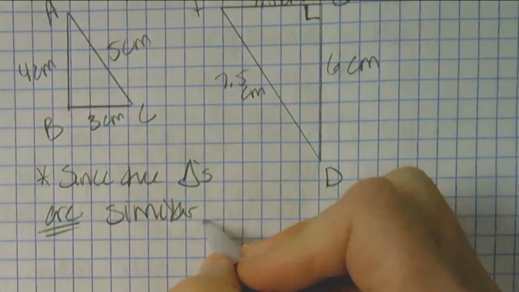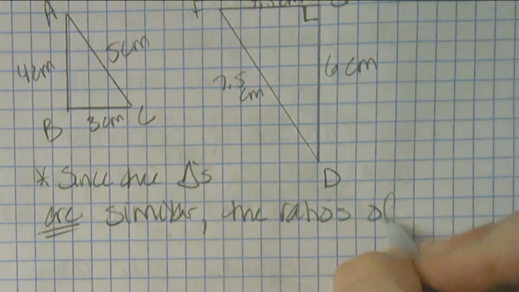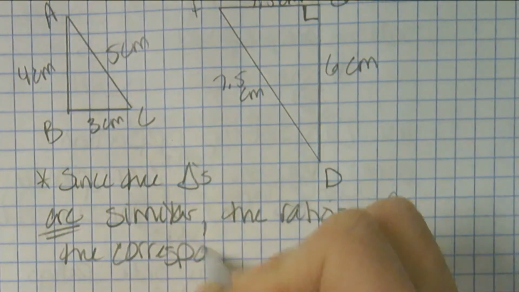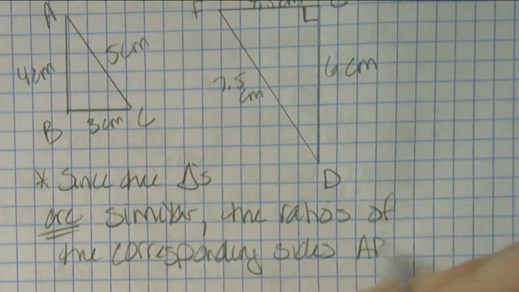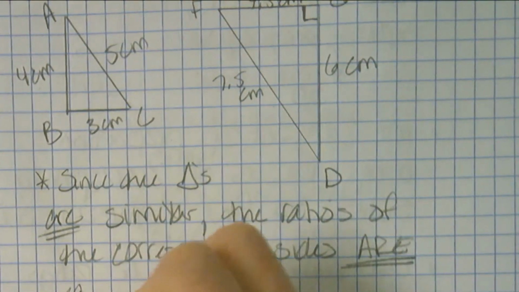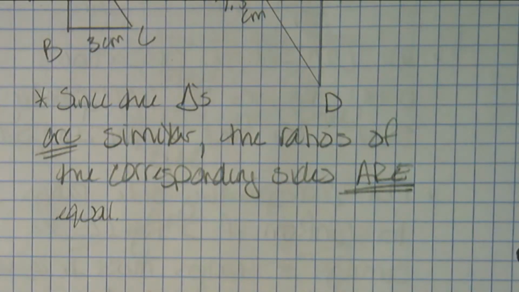Since they are similar triangles, the ratios of the corresponding sides are equal. We know that. Okay, so for number 4 it says find the ratio of the lengths of the corresponding sides.